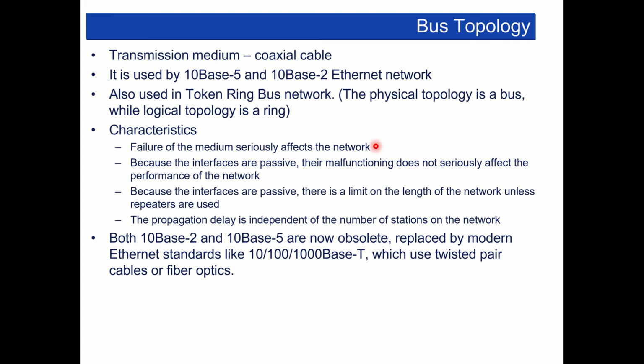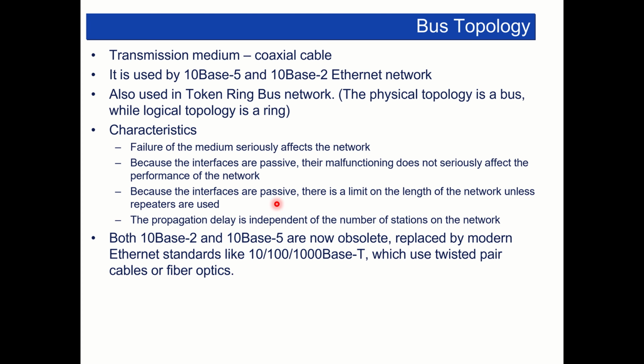Usually for the bus topology, we use coaxial cable. It is used by 10Base5 and 10Base2 Ethernet networks. Also token ring bus networks use it, where the physical topology is a bus while the logical topology is a ring. The characteristic is that failure of the medium seriously affects the network, but because the interfaces are passive, their malfunctioning does not seriously affect the performance of the network.